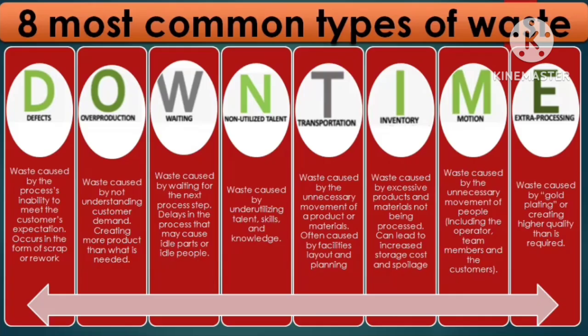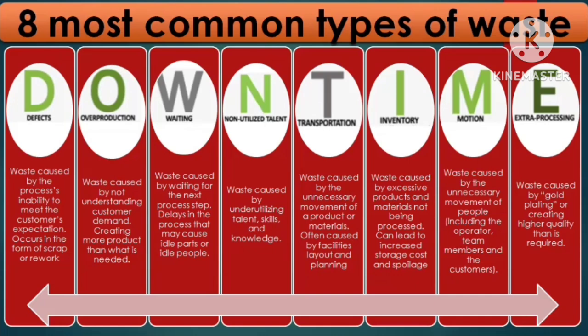Let's talk about the most common 8 types of waste. These 8 types of waste exist in any process and any organization, and today's session will help you understand which type of waste exists in your current processes, project, and program. So let's get into the details.